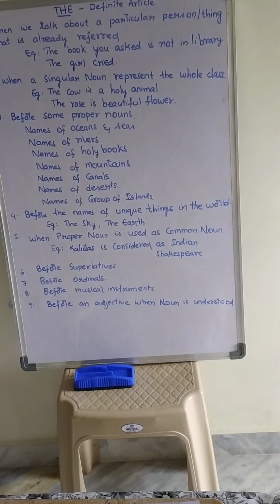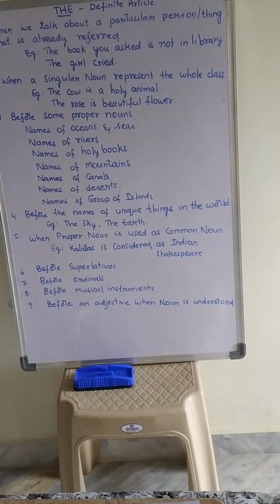Names of the deserts: the Sahara Desert, the Thar Desert, the Kalahari Desert. And then names of groups of islands: the West Indies, the Malaysian Islands. Before that we use the article the.